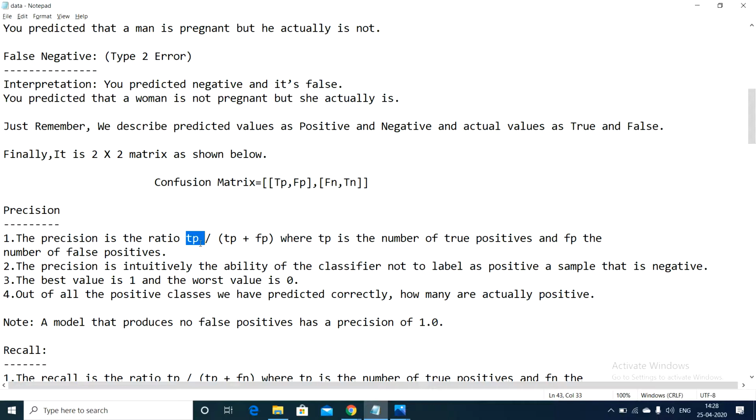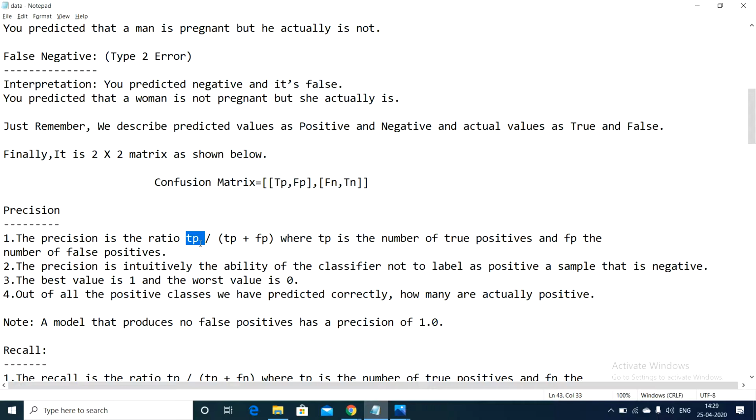Precision is the ratio of actually positive cases to the total number of positive cases present in the model after prediction. This is clear, I think.